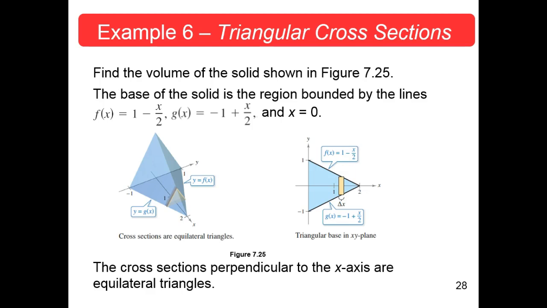Okay, going up 1 for every 2 to the right. Okay, now bounded by those two lines, the cross sections perpendicular to the axis are equilateral triangles. That's what they told us, and we can go from there. Okay, the cross sections are equilateral triangles.